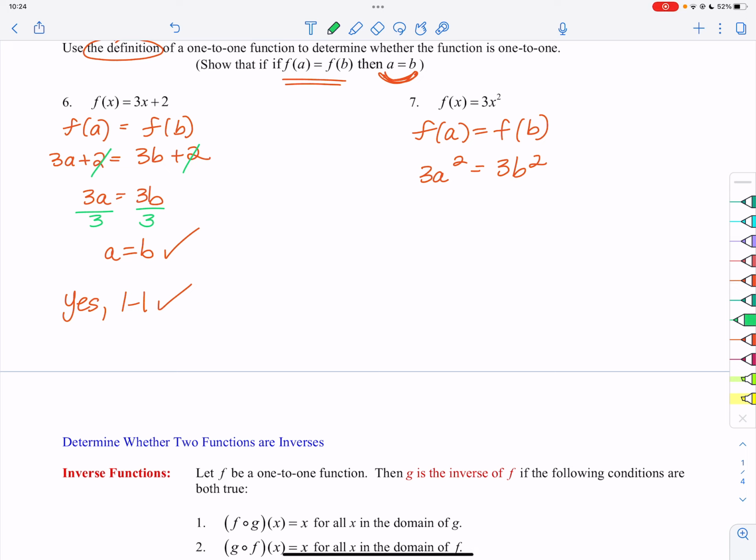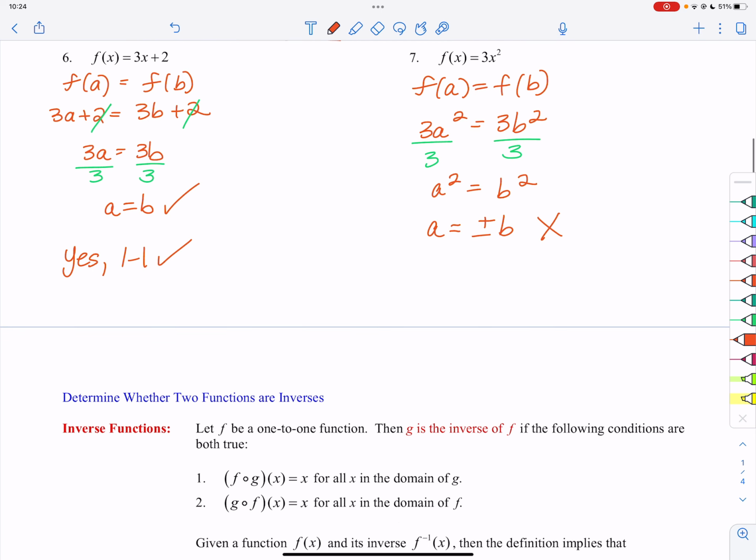We'll divide both sides by 3, and we'll have A squared equals B squared. Now if we take the square root, we get A equals plus or minus B. So A is not necessarily equal to B, so we have no, not one-to-one.